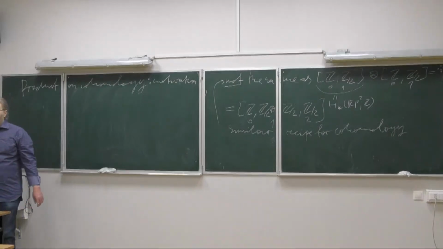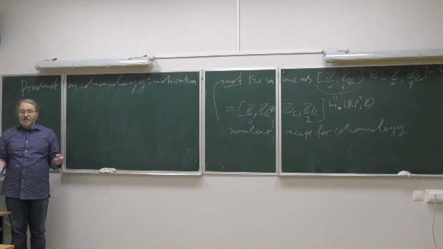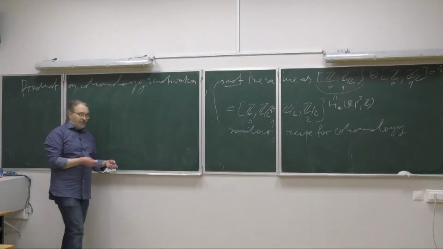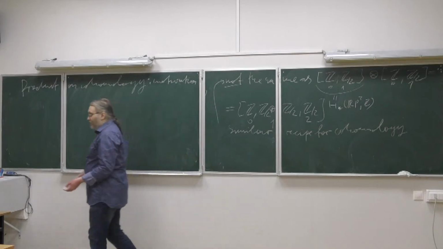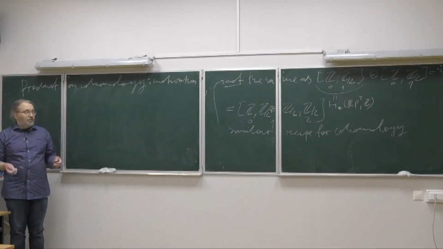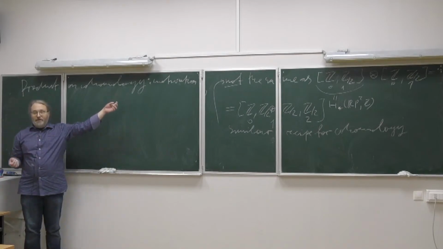Well, firstly, not every space has a reasonable product structure. There are spaces such as Lie groups for which we have a product, or topological groups, H-spaces, and so on and so forth. But not all spaces are like that.